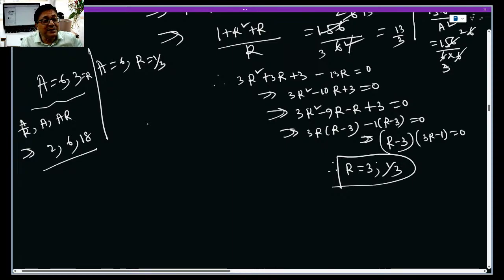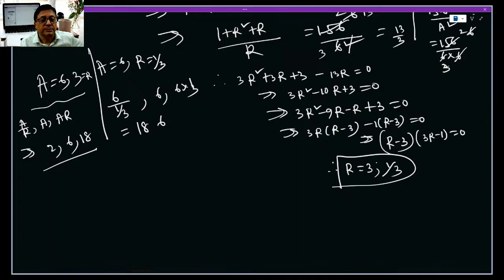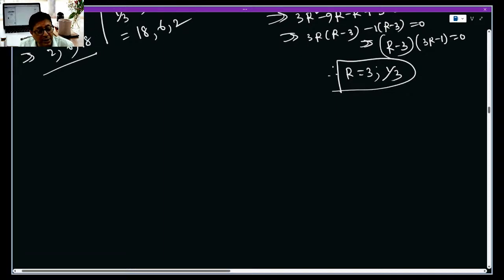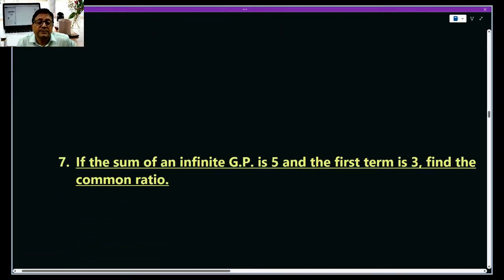No. A by r you write, then A, and then A into r. This is equal to 18, 6, 2. Clear? This way it can be done. So those three numbers are coming only, but in opposite order. 2, 6, 18 or 18, 6, 2. Understand?